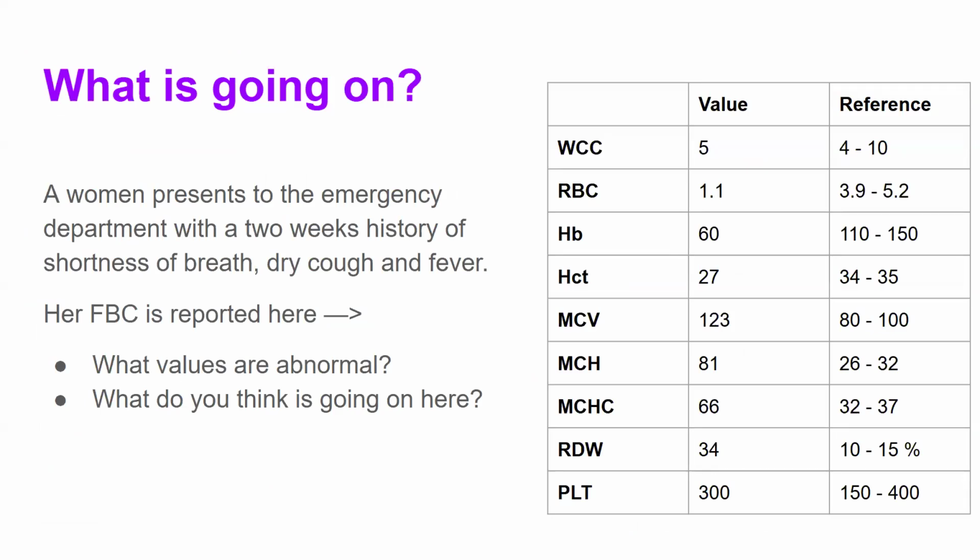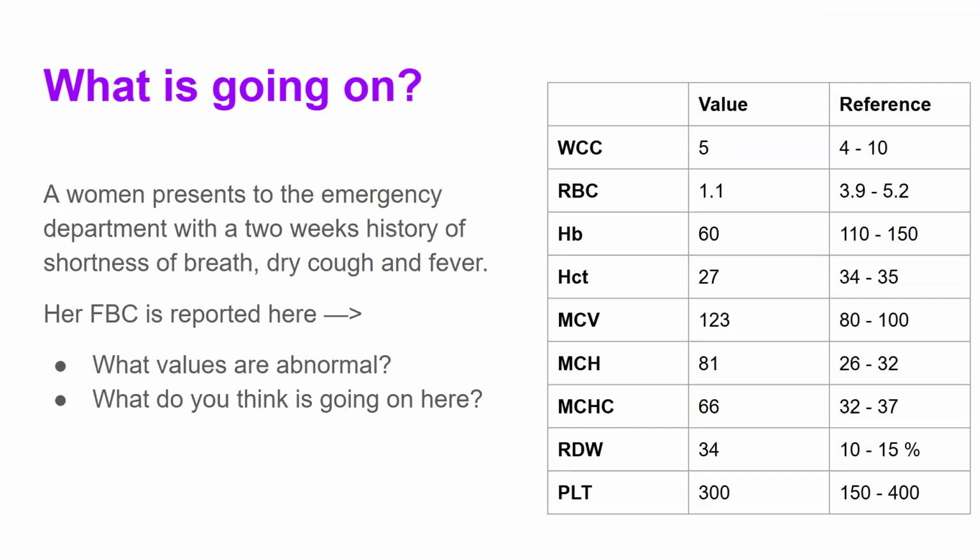So that would be dilutional, possibly. Yeah. MCV's raised, so it's macrocytic. Yeah, macrocytic. And then MCHC is raised. So that would be megablastic. Not megablastic, hyperchromic. Yeah. Hyperchromic.